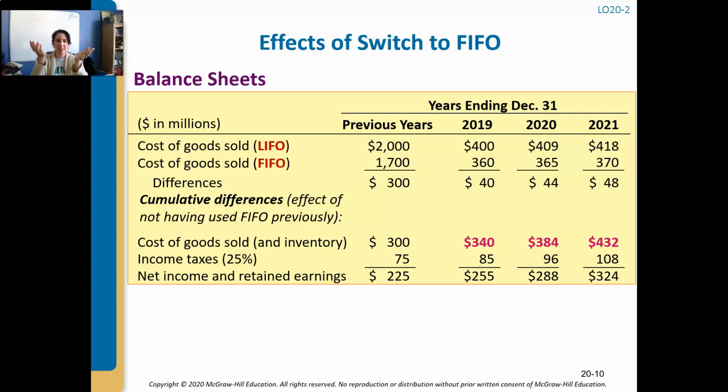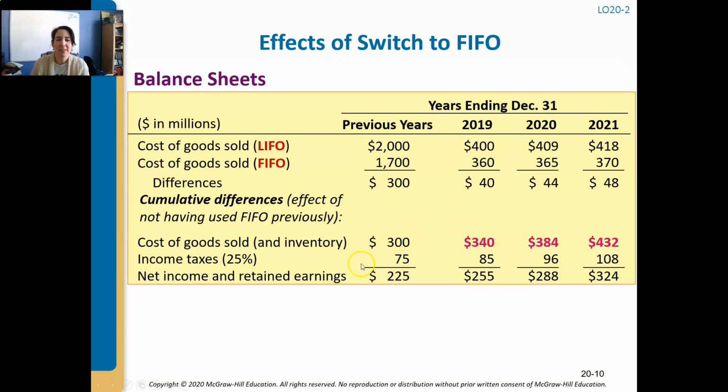Because if you record that you sold a lower dollar amount, then you're going to say that you have a higher dollar amount still sitting in your ending inventory. Okay, so it's a little bit of a mind bend there.